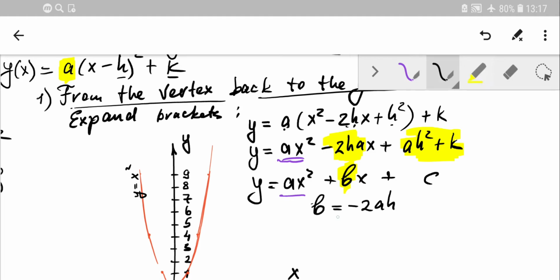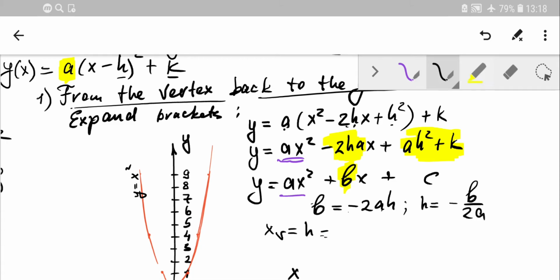From where, if you remember that h is the vertex coordinate, so x vertex is simply h, and if you express h from here, we can figure out that h is negative b over 2a, because negative 2a is one factor that stays before h. In order to find h, you simply need to divide b by negative 2a.